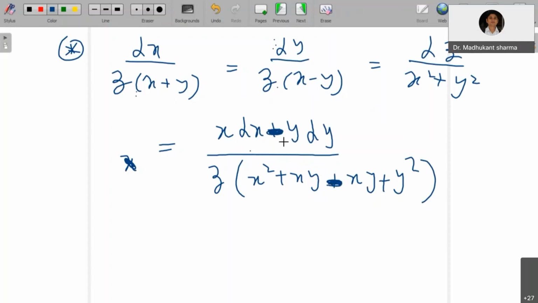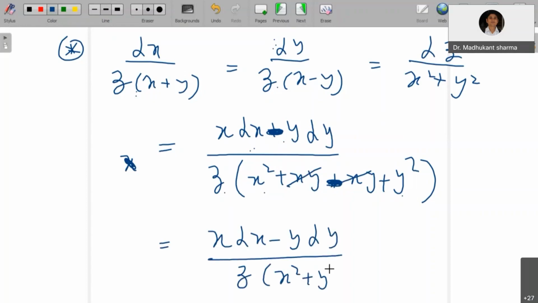These ratios are equal to the following ratio: x dx minus y dy divided by z into (x square plus xy minus xy plus y square). The xy will get cancelled, so you have x dx minus y dy divided by z into (x square plus y square). Now I will choose these two pairs, because x square plus y square will get cancelled and you will have the simple form.